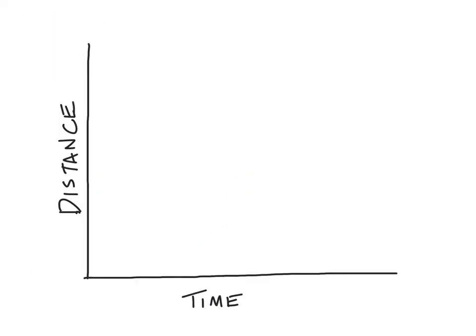Now just to make a quick connection to something you saw before, in the lab we looked at how distance and time varied for a glider that was accelerating. And you might remember that that graph started out low and then it curved upwards like this.